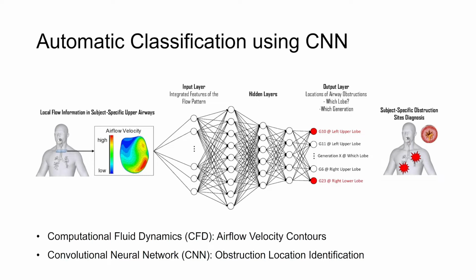We artificially create many cases with different obstruction sites. Using those contours as the input, we train and test our convolutional neural network to see how efficiently it can find the obstruction location in the lung airway.